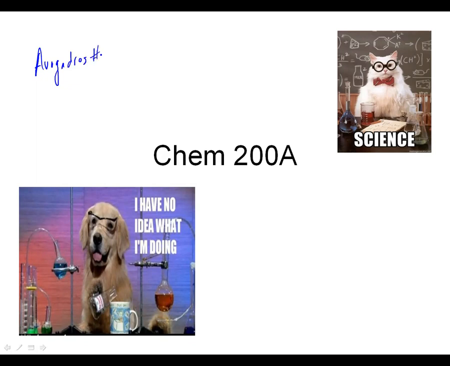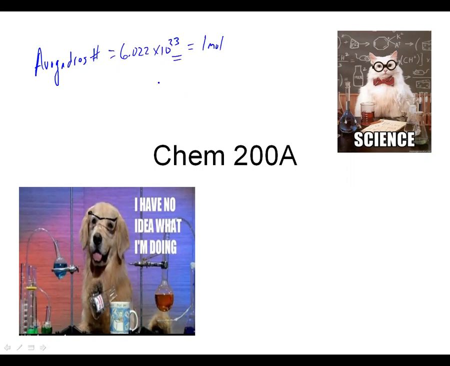Remember, Avogadro's number is essentially a conversion factor that we're going to use, but it basically is 6.022 times 10 to the 23, and that basically will equal 1 mole. Remember that the units can be a variety of units.